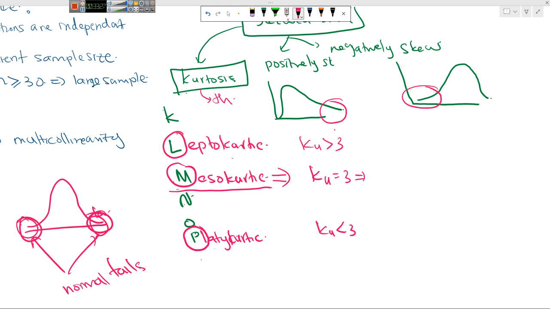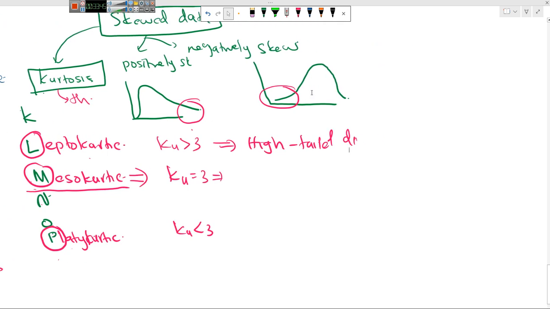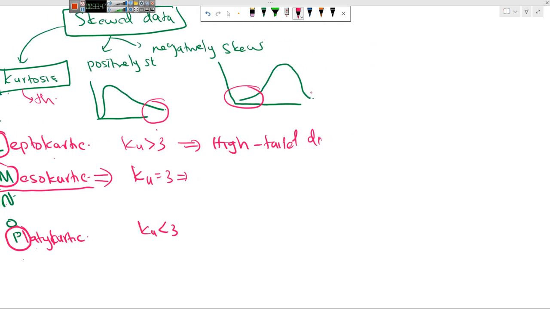But if it is leptokurtic, then we call it a high-tailed distribution, because the thickness of the tail is high.